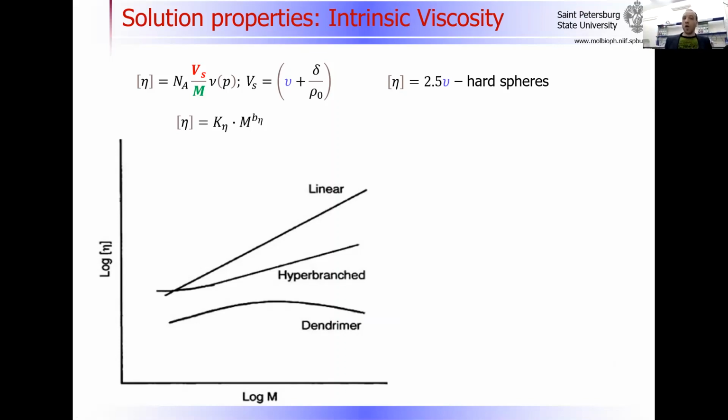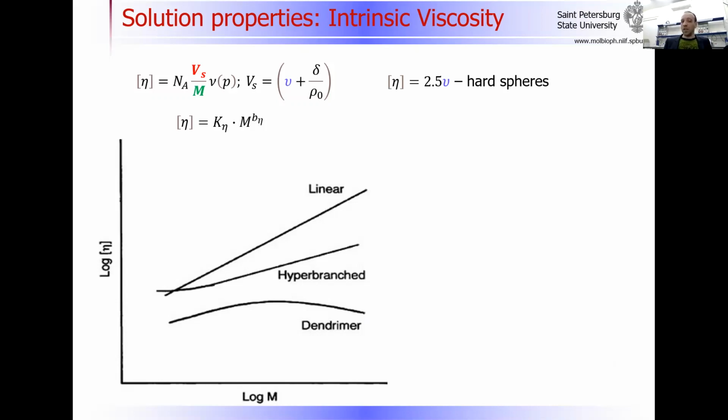For example, it is known and expected that when you study dendrimers and have a set of values of the intrinsic viscosity, and you vary the molar mass or the generation number, you will have a maximum in such a double logarithmic dependence of the intrinsic viscosity on the molar mass.